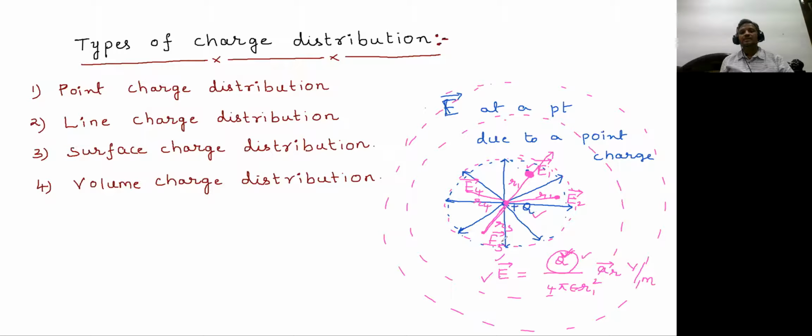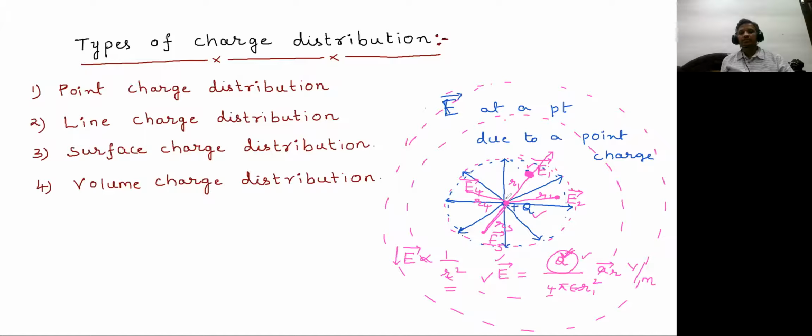As the distance increases, of course, the electric field intensity is going to reduce, because E is inversely proportional to R square. As the distance R increases, E decreases. So the final conclusion is, when you have a point charge, there is an electric field intensity E or E1 or E2 or E3 or E4, which is generally different as the distances are different.